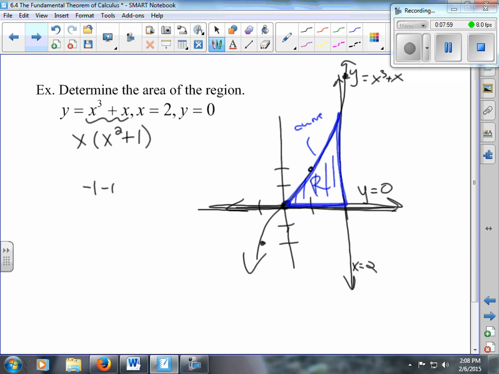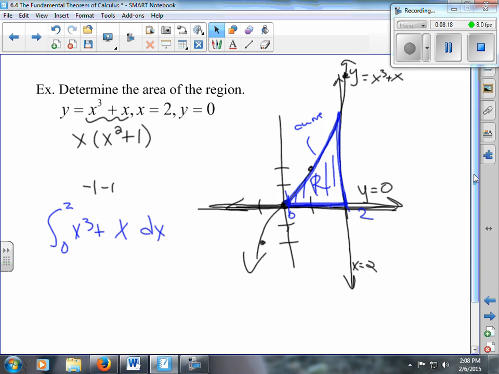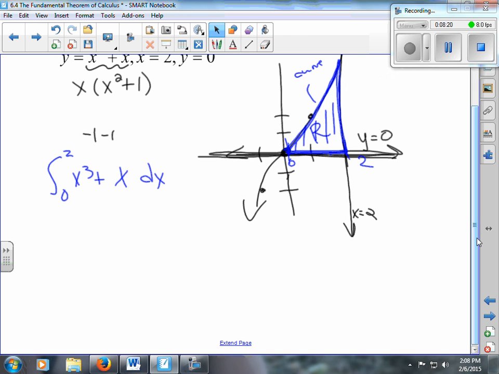Well, notice it's between a curve and the x-axis, starting when x is 0 and ending when x is this number here, 2. And so that area is an integral. So I want to integrate x cubed plus x between 0 and 2. That gives me the area. And now you know the shortcut for this. This takes no time at all.